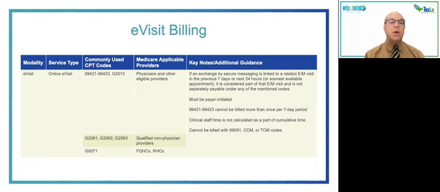That's basically where you have an exchange of secure messaging and it's linked to a related E&M service. You cannot do the billing. But if you are preventing the patient from having to come in and you're caring for that patient, then that's where these billing codes would apply, okay? So that's if you're doing e-visits.